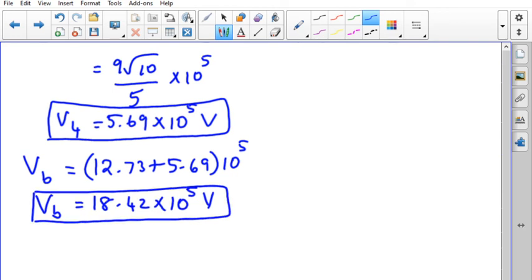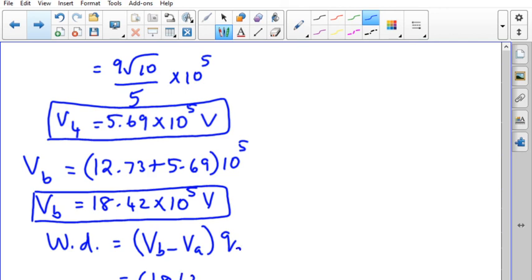Now we can calculate the work done. So work done, or change in the potential energy, is equal to VB minus VA into Q, which is equal to 18.42 minus 24 into 10 power 5 into the value of Q3, which is minus 2 into 10 power minus 6.